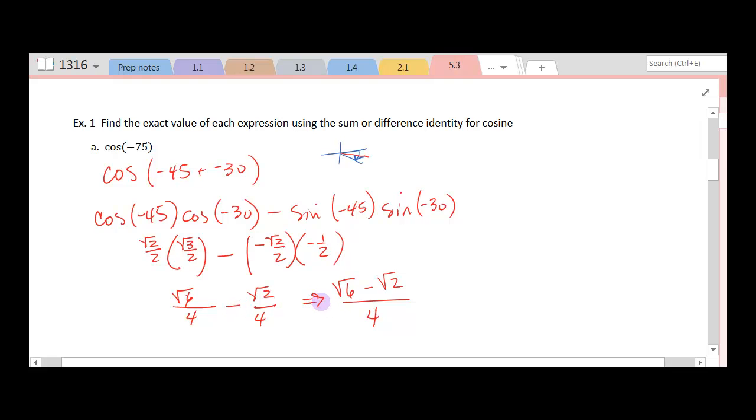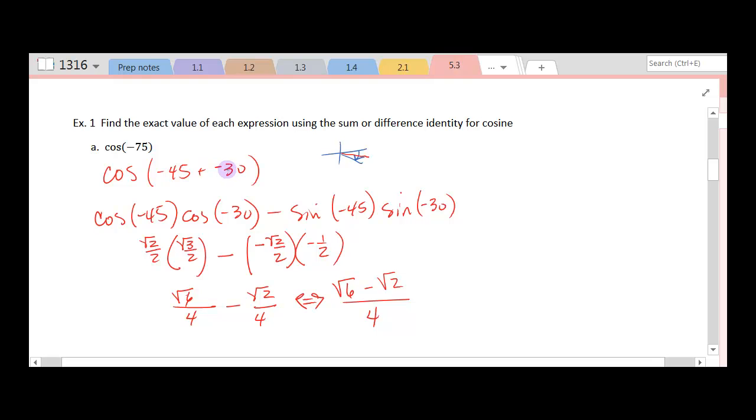Both of these answers are the same. Because the square root of 6 and the square root of 2 have different values under the radical sign, I can't combine them. They are not like terms. Most of the time when we use the sum and difference identities, we get strange looking solutions like this.